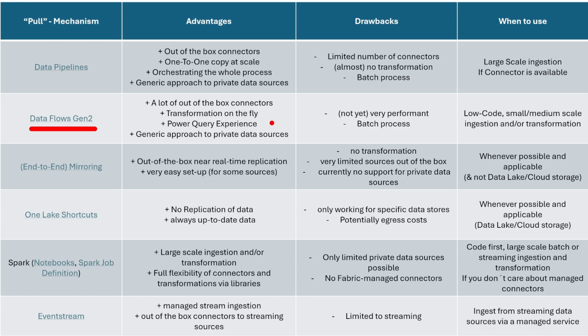It allows you to do transformations on the fly, like aggregations or filtering out specific columns or rows, and it also uses data gateways to reach those private data sources behind firewalls and private networks.